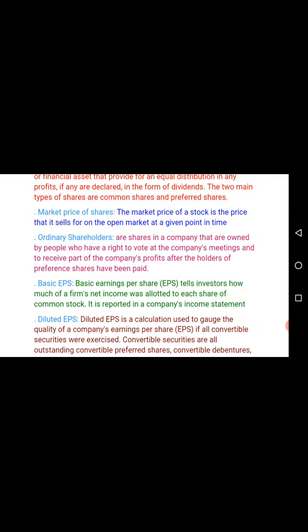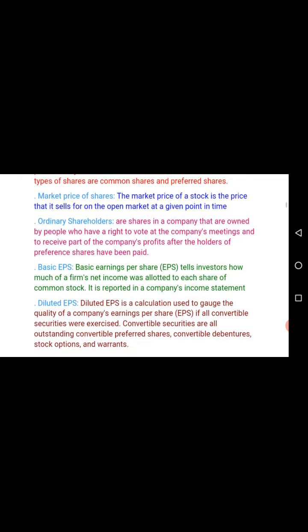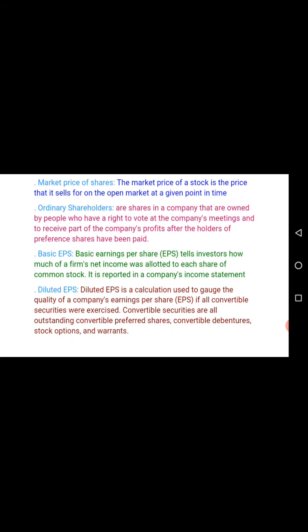So given the definition of ordinary shareholders here, we'll move over to the basic EPS. What is a basic EPS? Now, basic earnings per share tells investors how much of a firm's net income was allotted to each share of common stock. Now, common stock here is ordinary shares.